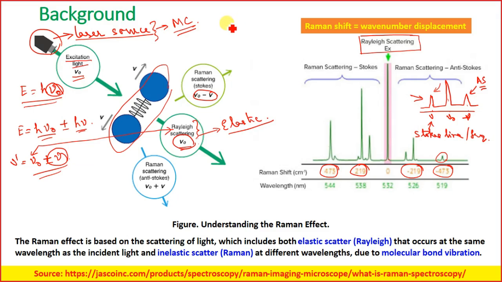In absorption spectroscopy and in fluorescence or luminescence spectroscopy, we have seen that they can be used for the determination of the concentration of the analyte in a particular solution. That means absorption spectroscopy, fluorescence or luminescence spectroscopy, or phosphorescence spectrometry can be used for the determination of concentration of the analyte.